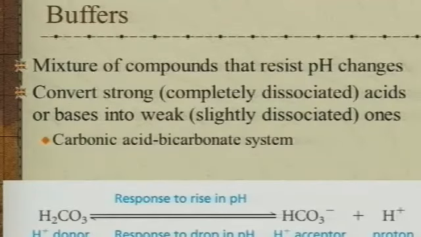This is the buffer system that we will see in the blood. It's called the carbonic acid-bicarbonate system. It's just chemicals that exist in your blood that help to buffer these free hydrogen ions, okay? Carbonic acid is H2CO3, which you see at the left of the screen. It's a weak acid.